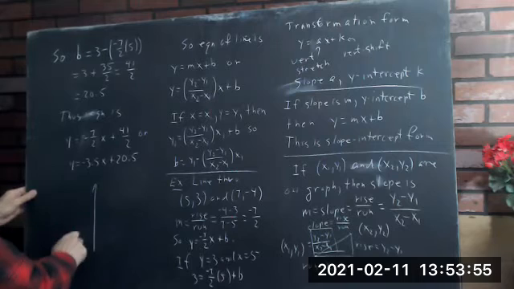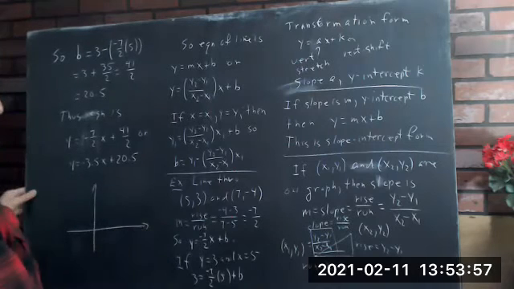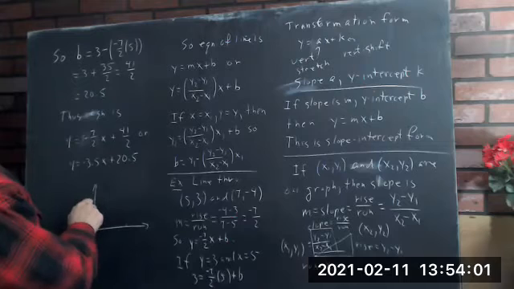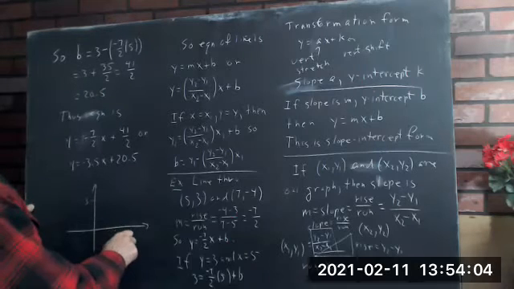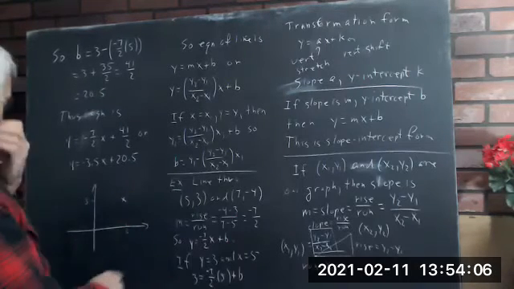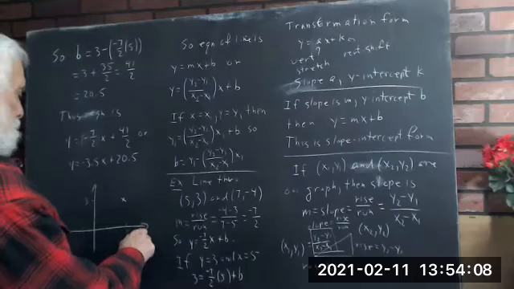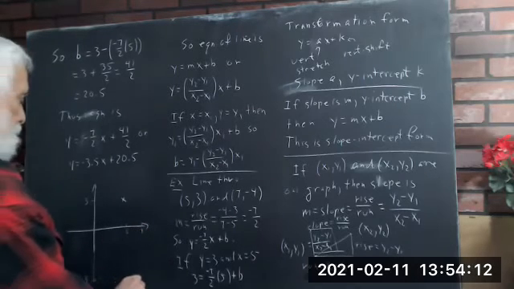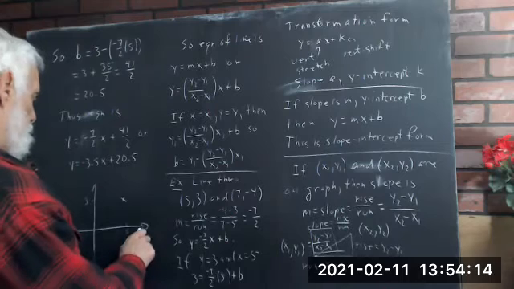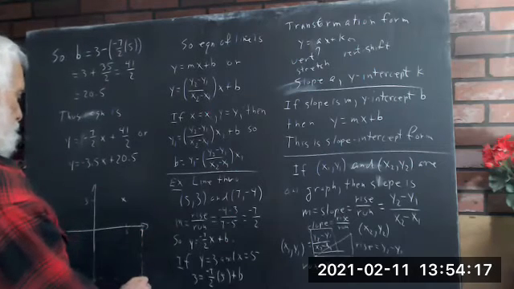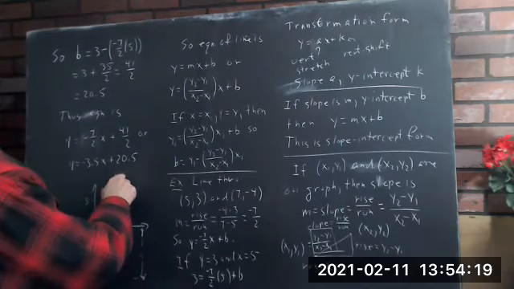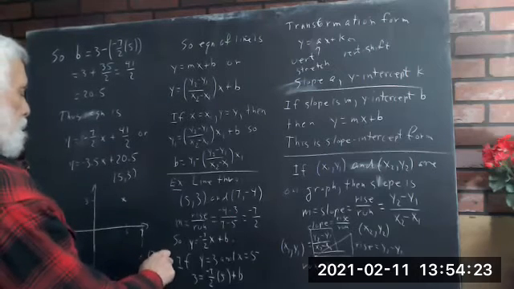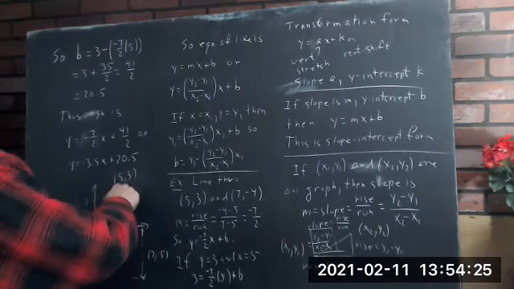Meaning, go to the coordinate system and you take the point (5, 3) here, and then the point 7, which would be about here, and then -5 would be down about here. So here's (5, 3), and here's (7, -5), and here's your line.